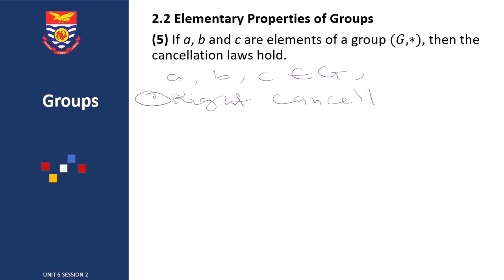So once the right cancellation law holds, what it states is that B star A equals C star A. If B star A equals C star A, it implies that B equals C. Okay, and this is actually true.